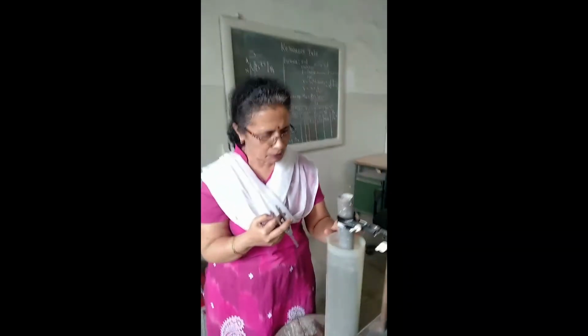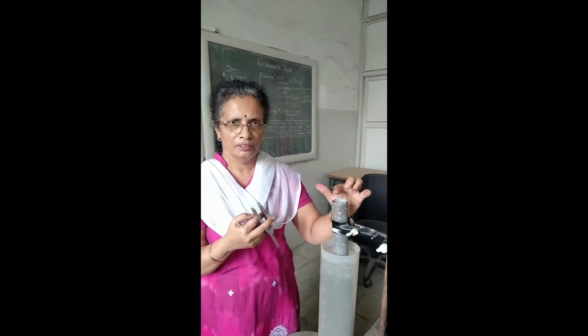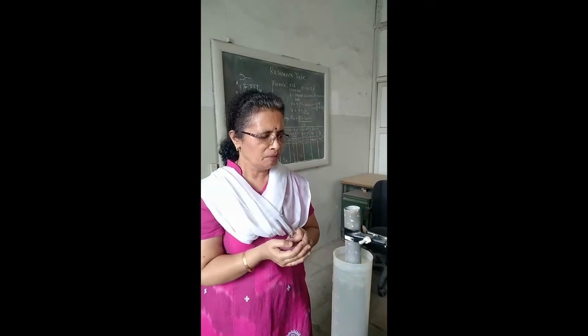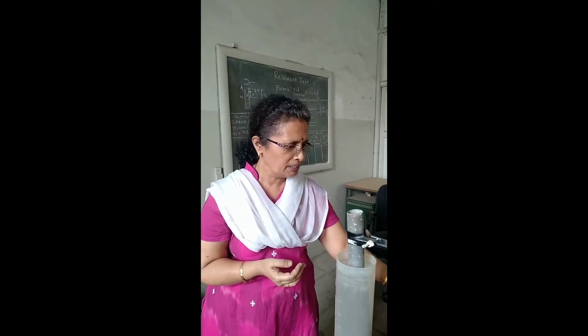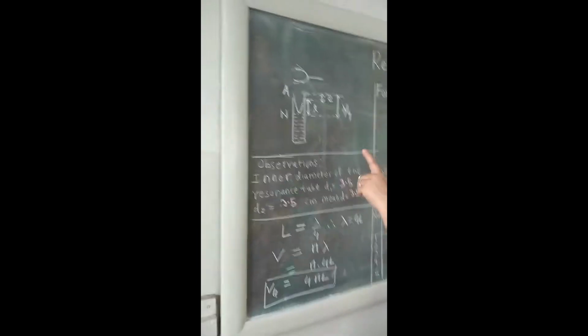The distance between node and antinode will be lambda by 4. So lambda by 4 you will measure in terms of the capital L. Now see this in the diagram.